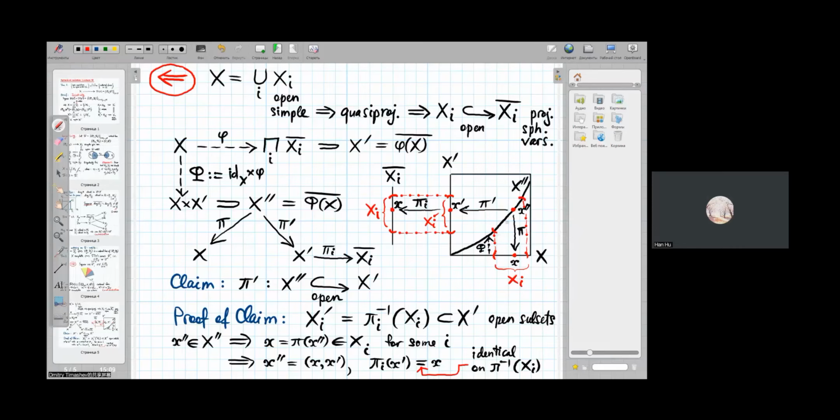On this open set, this is an identical equality, because this holds over the open orbit. So if the point x belongs to the open orbit, then all these maps are just diagonal maps.